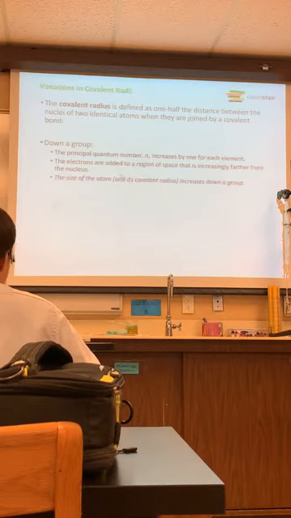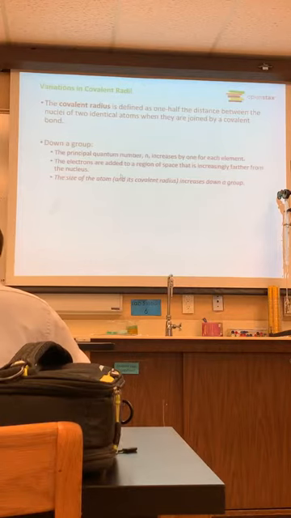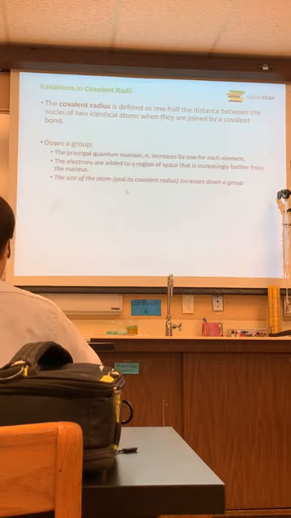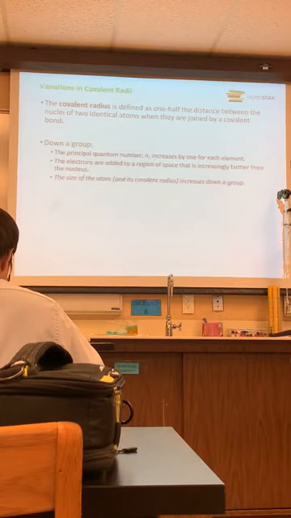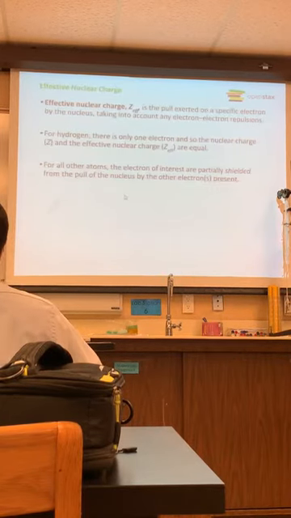So whenever we go down a group, the radius of those atoms is going to increase. The size of the atom is going to increase. Electrons have enough energy to get further away from the nucleus, and they're going to occupy a larger space.